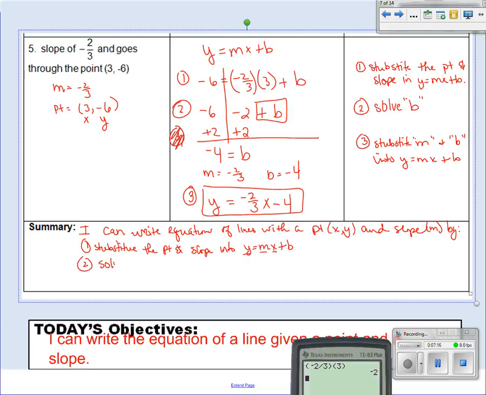Second step is solve for b. And then the last step is substitute the m and the b into y equals mx plus b. I'm underlining the things that I'm substituting. This concludes topic 9-1.